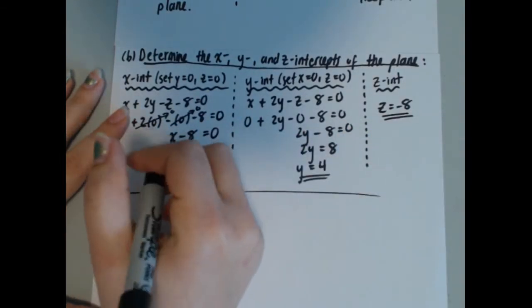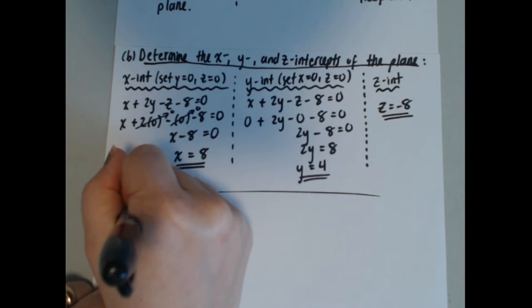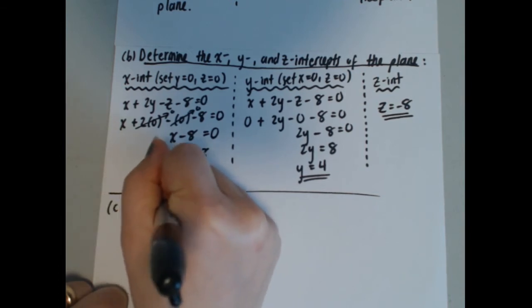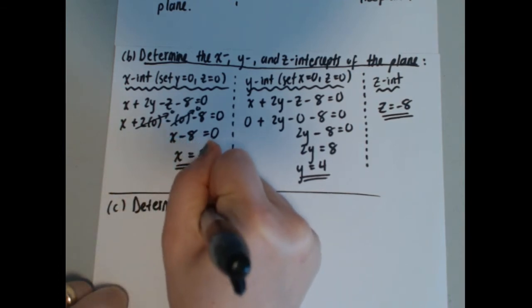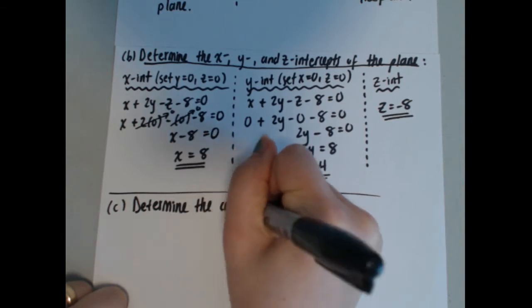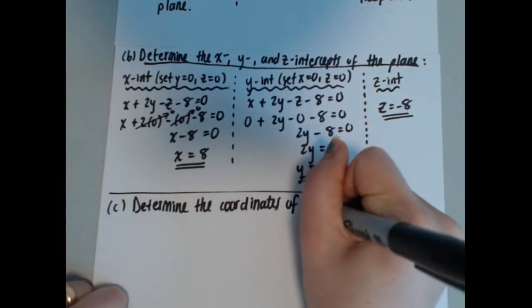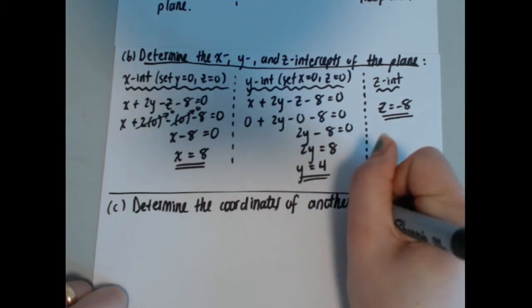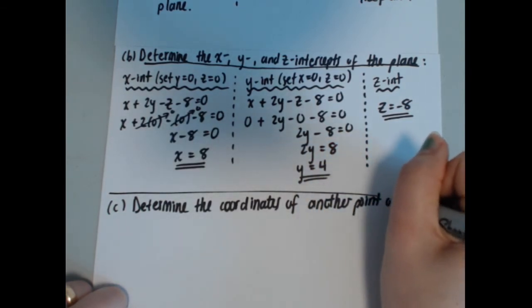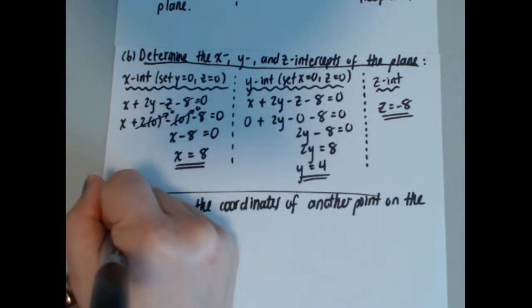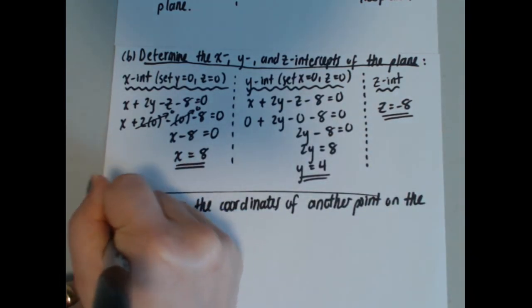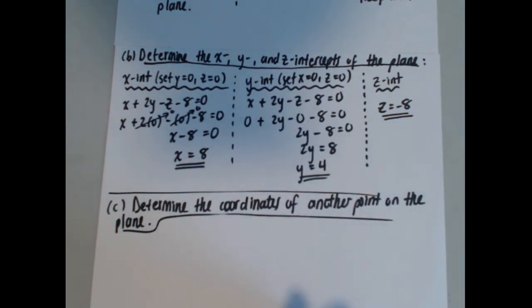Part C, determine the coordinates of another point on the plane. If you had the equation of a straight line, how would you find the coordinates of another point on the line?